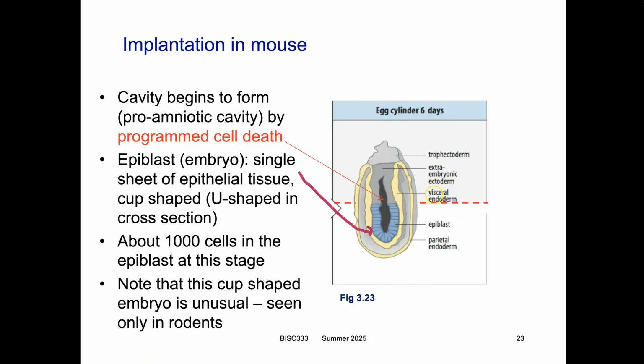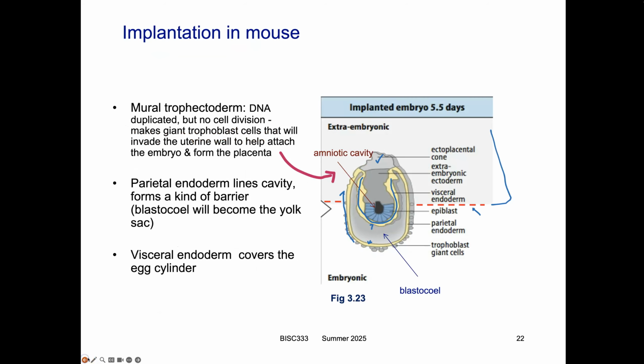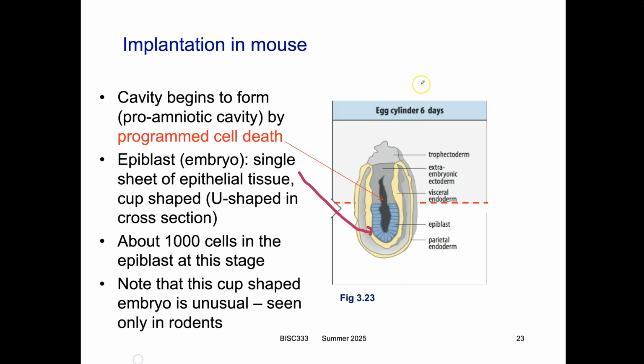And then by 6 days, you can also start to see the formation of this amniotic cavity. So you've got a little bit of a cavity here, and it gets bigger as we go on. It's just half a day later, and it's something that might be counterintuitive.